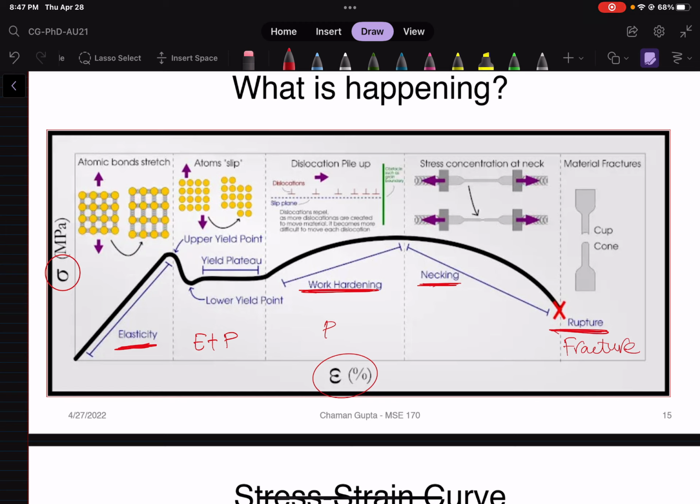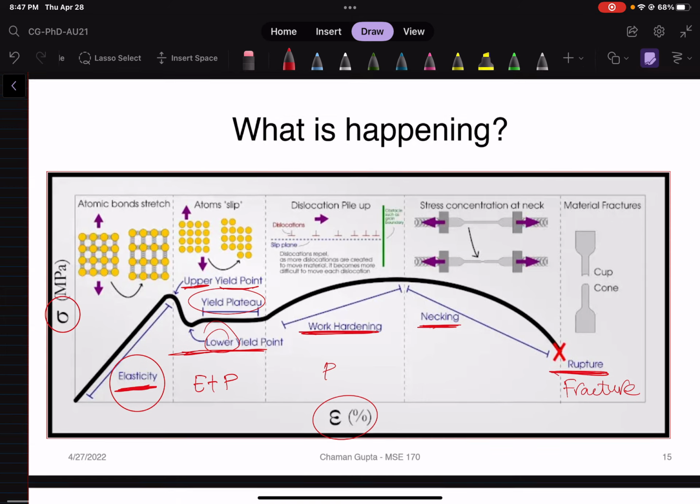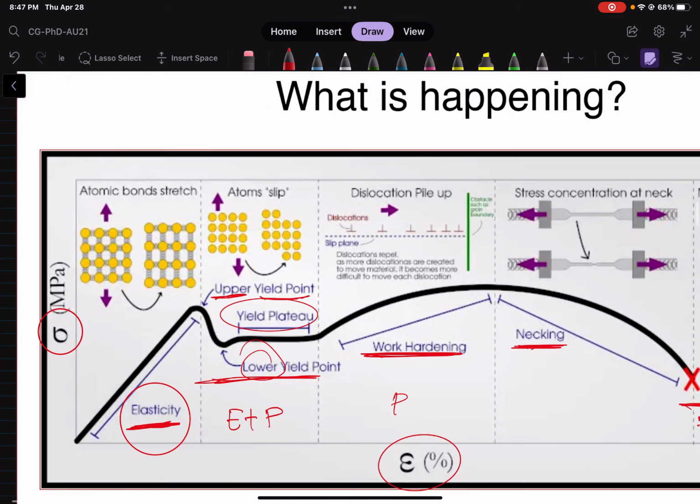A bit weird difference you have from the general curves that we have been drawing till now is this yield region. You have an upper yield point, you have a lower yield point, and then you have a plateau. So what is happening in the elastic region? Why are materials elastic? Because all that is happening is your bonds are just stretching.